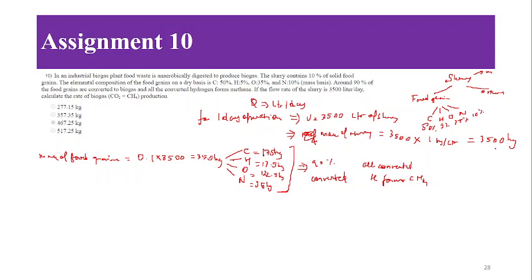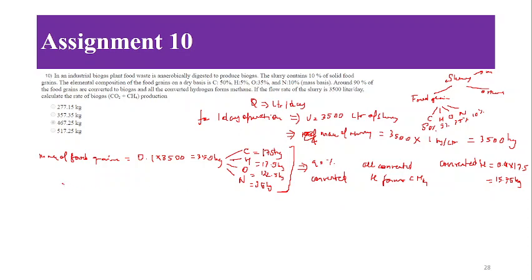Firstly, we need to find out the converted H. So it will be 0.9 into 17.5, which comes out to be 15.75 kg. If I'm not wrong, let me just check. Yeah, 15.75 kg.